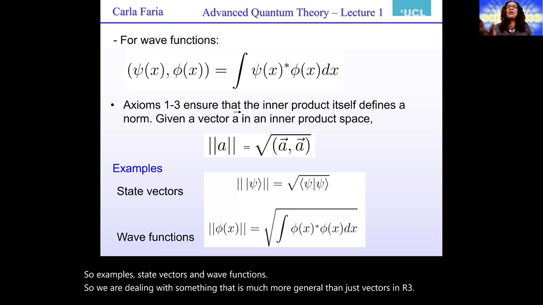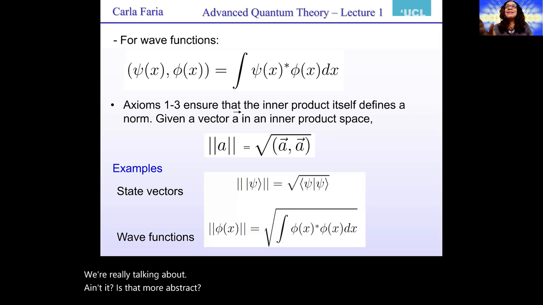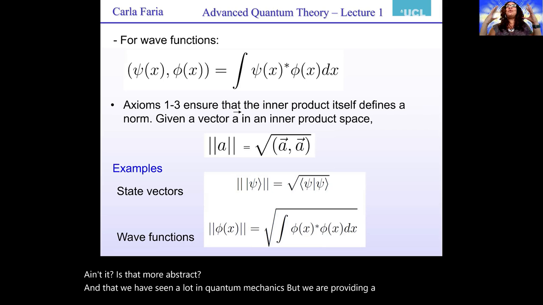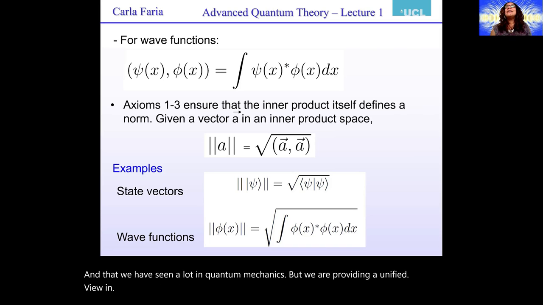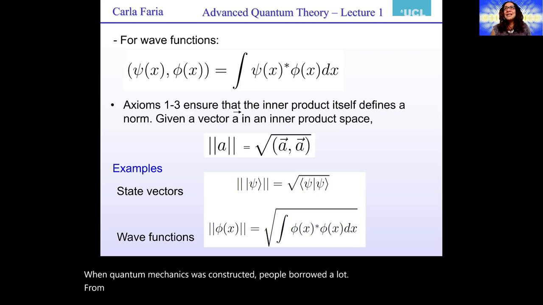We're really talking about entities that are more abstract and that we have seen a lot in quantum mechanics, but we are providing a unified view. And when quantum mechanics was constructed, people borrowed a lot from linear algebra and things that already existed.